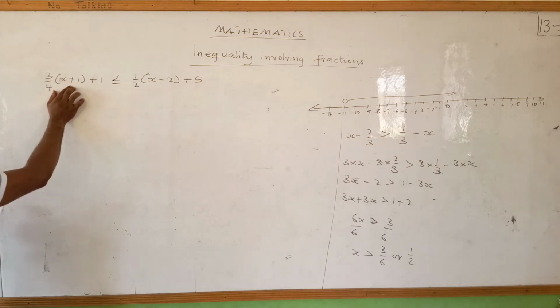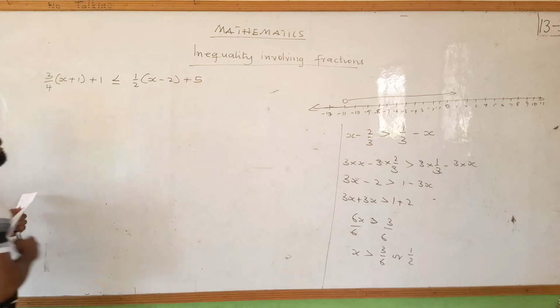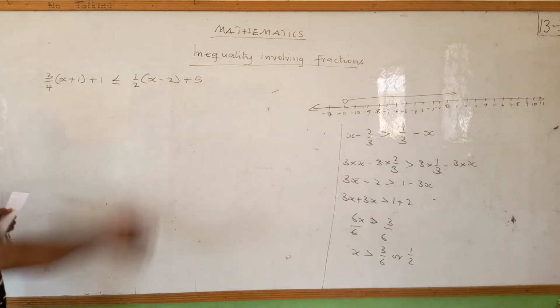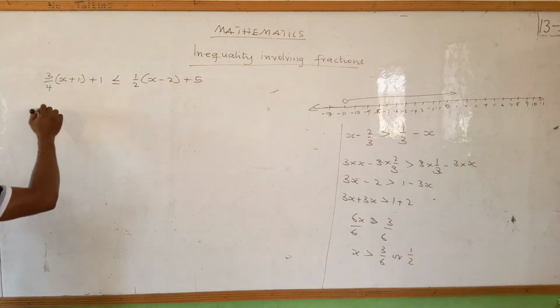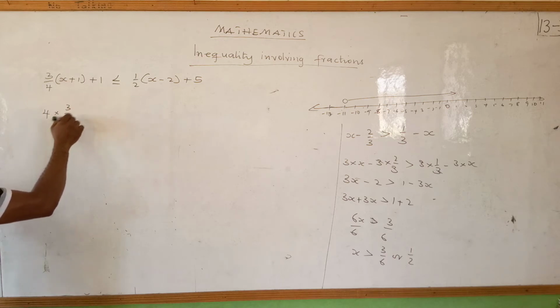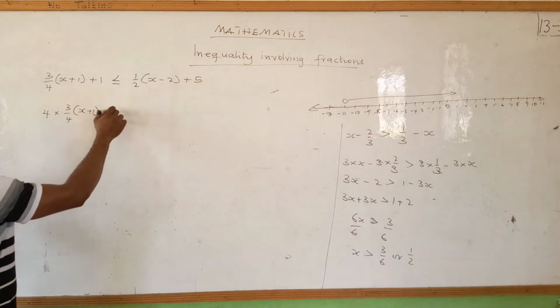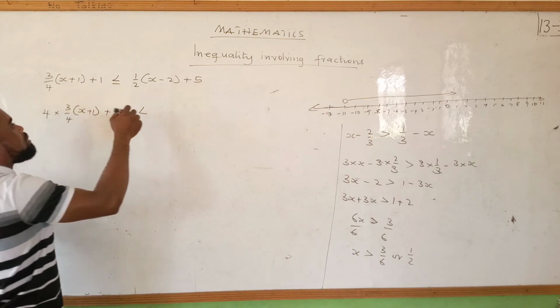Remember, this is 1 term, another term, and then another term. So we multiply the LCM throughout. That is, we multiply by each term. So here we multiply by 4. So it's going to be 4 times 3 over 4 into bracket x plus 1, plus 4 times 1. Remember, there's a term there.